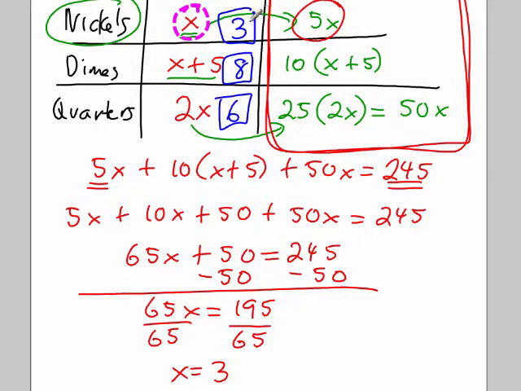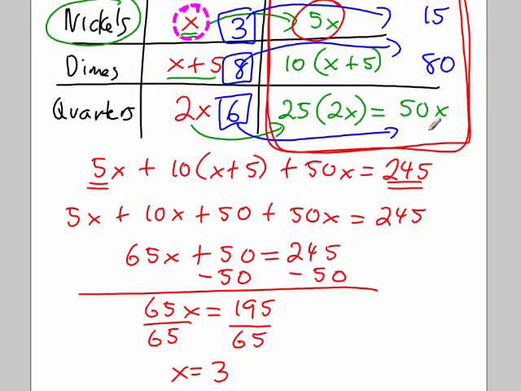Let's see if we have the right amount of money. 3 nickels would be 15 cents. 8 dimes would be 80 cents. 6 quarters, that would be 150 cents. And $1.50 plus 80 plus 15, you can confirm that that's $2.45. So the problem works out because it makes sense when I substitute back.